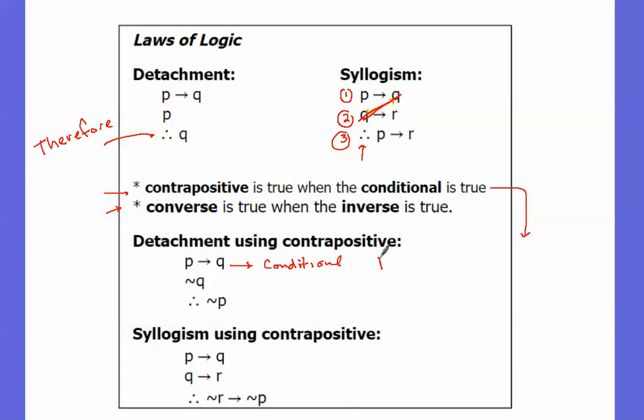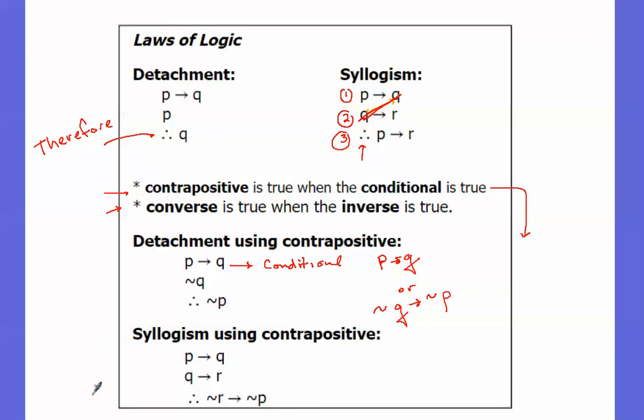So if you know that P leads to Q, then you also know that not Q would lead to not P. Notice that this statement is the not Q, therefore not P. That would mean that this argument would be valid.